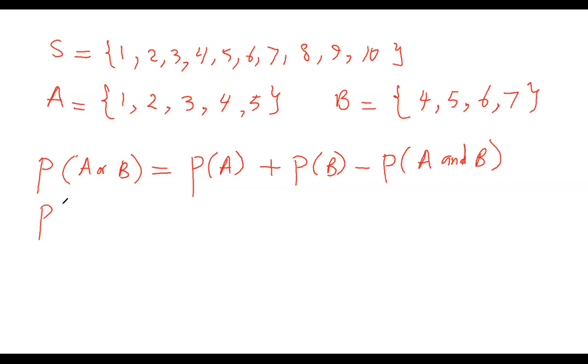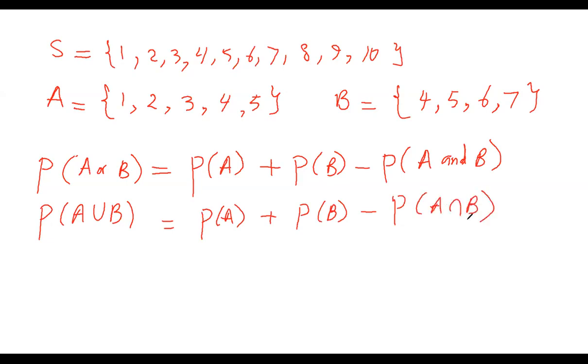Mathematically, P of A or B is equal to P of A plus P of B minus P of A intersection B. Okay, so P of A union B is equal to P of A.